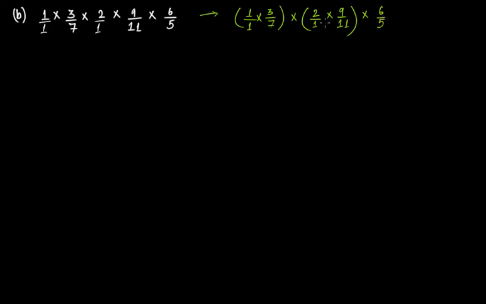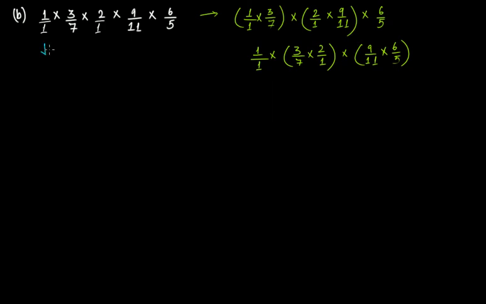If you're thinking that can't we write it like this, that is 1 over 1 times 3 over 7 times 2 over 1, then times 9 over 11 times 6 over 5. Can't we pair it like this? Of course you can, and the answer is going to be the same. That is what associativity tells. Associativity of multiplication is you can make pairings in different ways as you want, right?